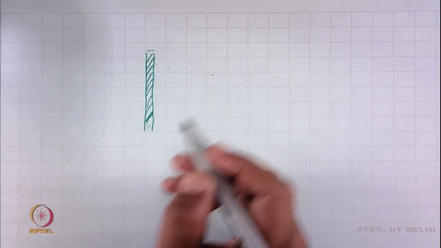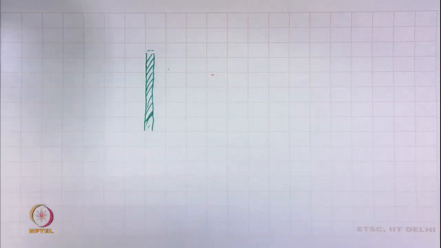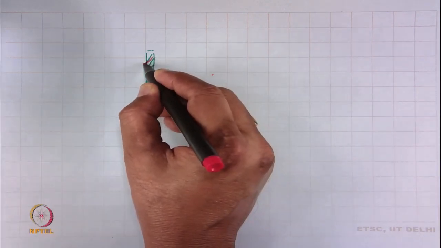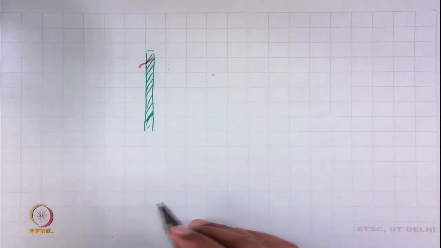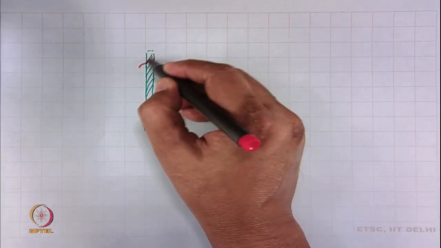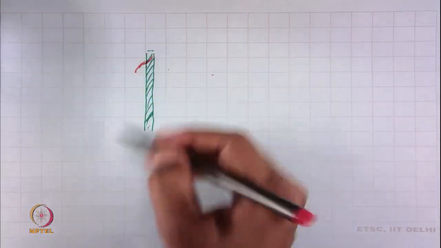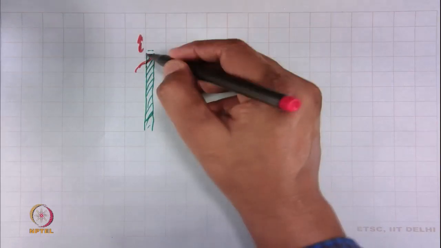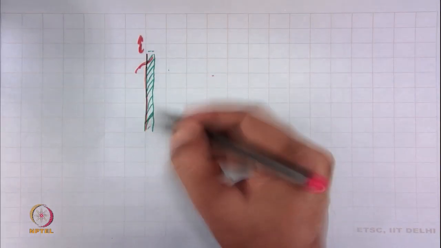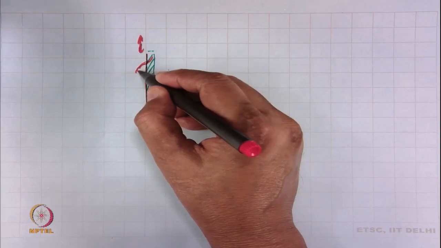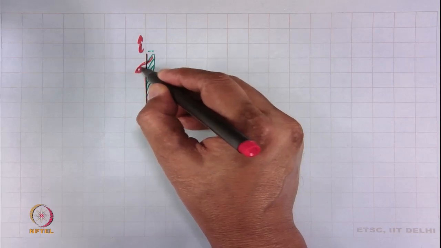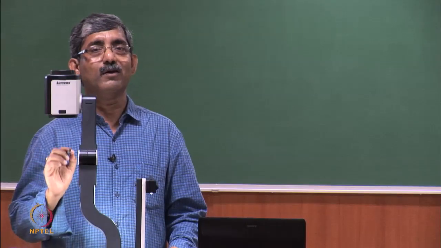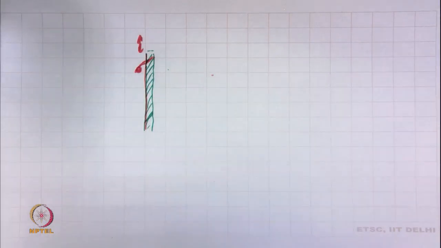Suppose one small hair is projected here, and due to the rubbing action of the fabric surface, there will be some rolling of the fiber. It will form a small pill, which may not be visible.